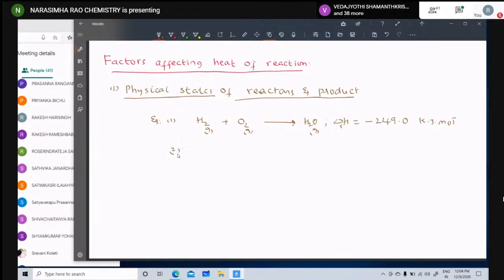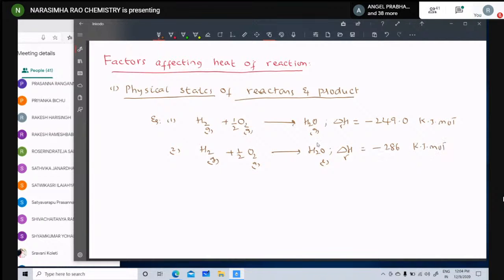In example 2, same reacting species, physical state gaseous, H2 and half mole of O2, which is gaseous, forming H2O, which is in liquid state. For this, delta H of reaction is, tell me children, 286. Generally I am taking 286 kilojoules mole inverse.